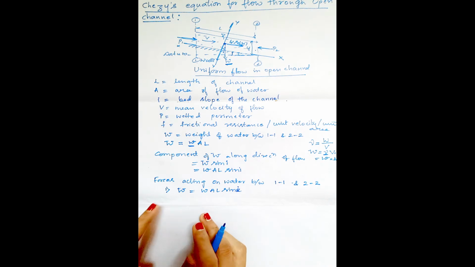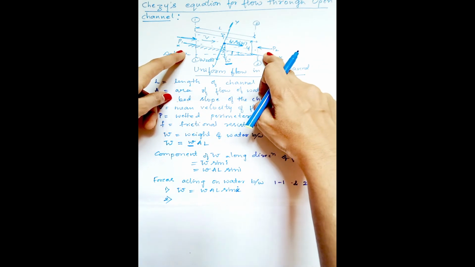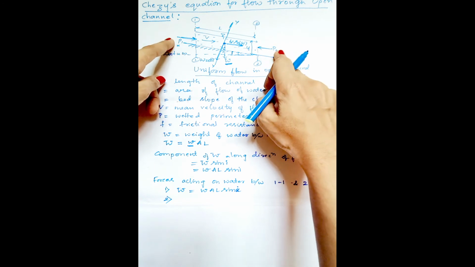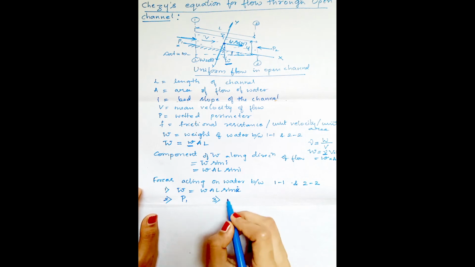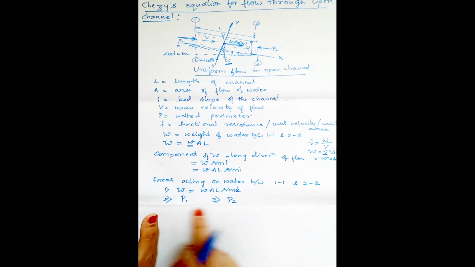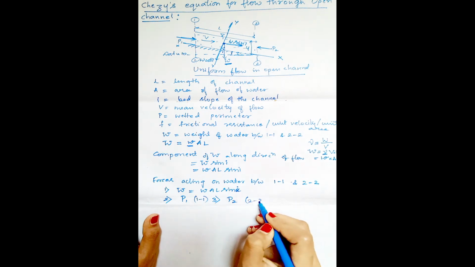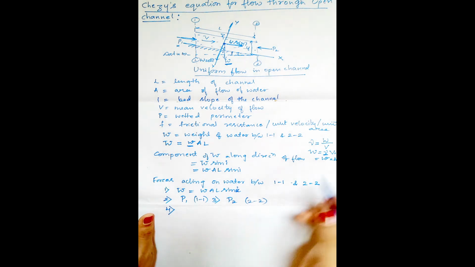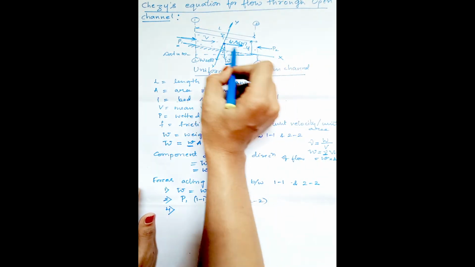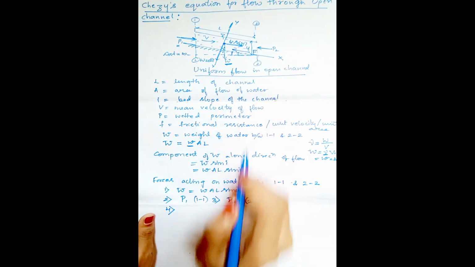The second and third forces are the pressure forces: P1, the pressure force at section 1, and P2, the pressure force at section 2. What is the remaining force? The fourth force: as the water flows in the channel, there will be a frictional resistance.